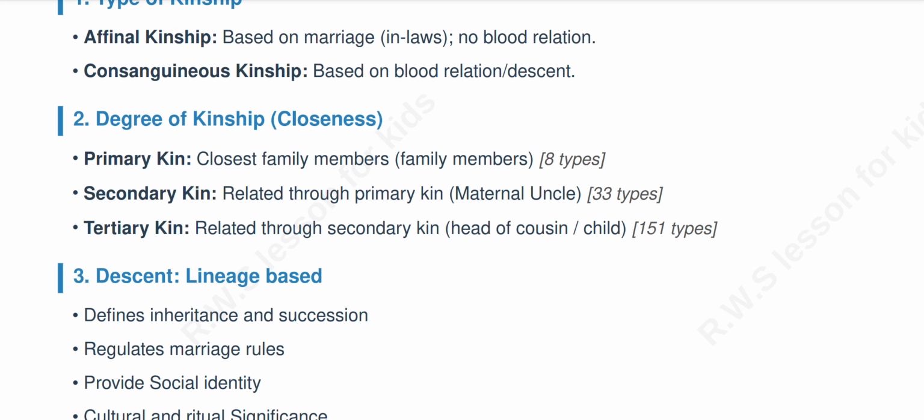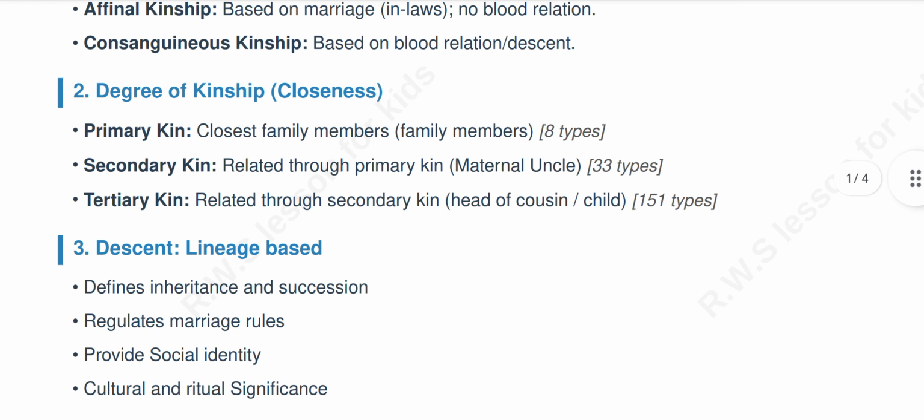And her own brother is her primary kin, and he is your maternal uncle. So he becomes your secondary kin. There can be 33 members in this group.